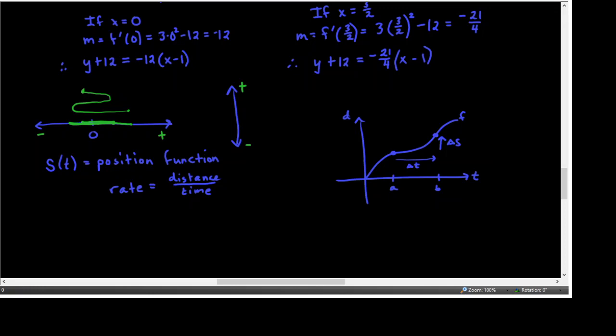So the average velocity in going from one point to another, which remember we said is like finding the slope of the secant, is the change in distance, delta s, over the change in time, delta t.